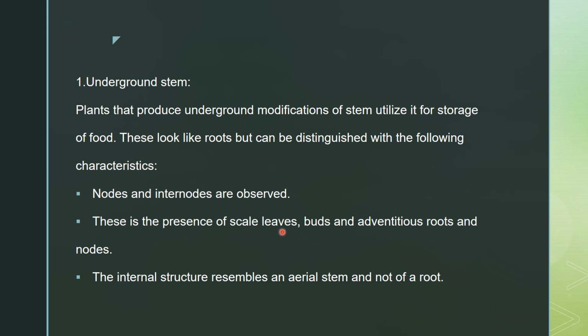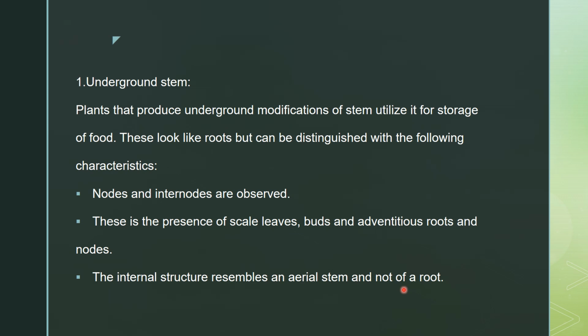You can also find scale leaves and buds, and adventitious roots, in addition to nodes. The third one is that the internal structure resembles an aerial stem. The internal structure of this type of underground stem resembles that of an aerial stem and not of a root.